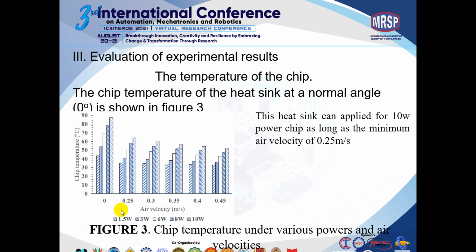We can see that as air velocity increases, the temperature of the chip will reduce. And we can see that if we want to apply the 10 watt chip for that heatsink, the minimum air velocity is 0.25 meters per second.